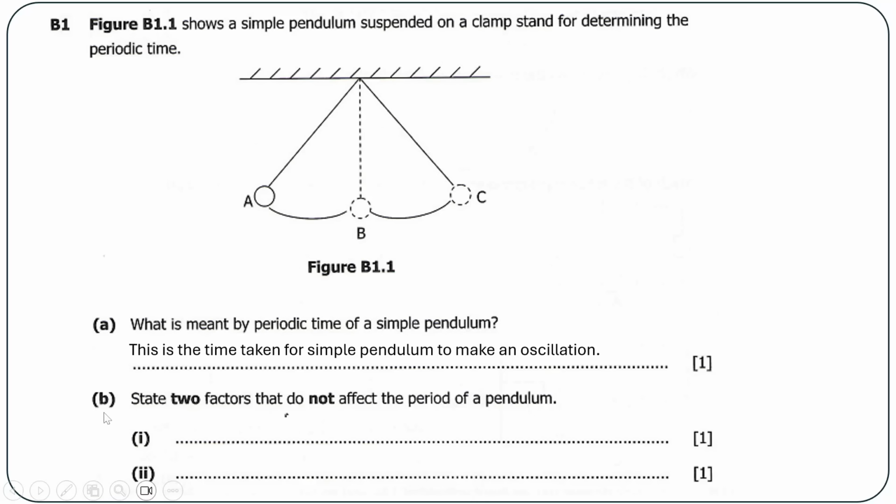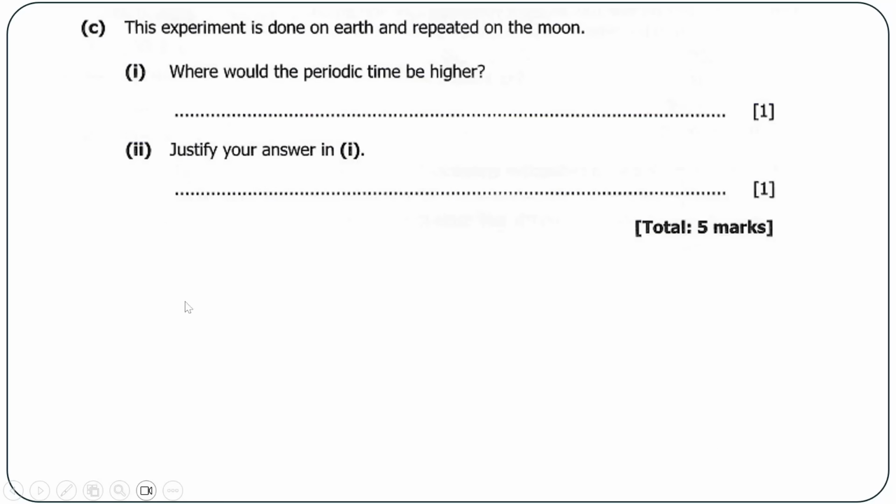Then B, state two factors that do not affect the period of the pendulum. Okay, the factors are the ones we saw in another question, which is length of the simple pendulum and acceleration due to gravity. Then they're saying this experiment is done on Earth and repeated on the moon.